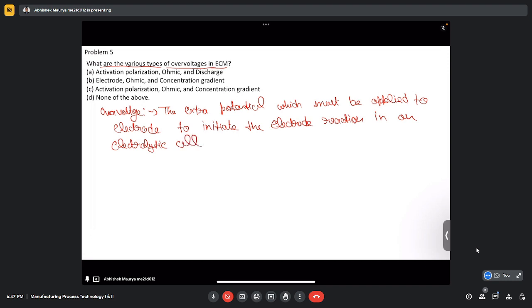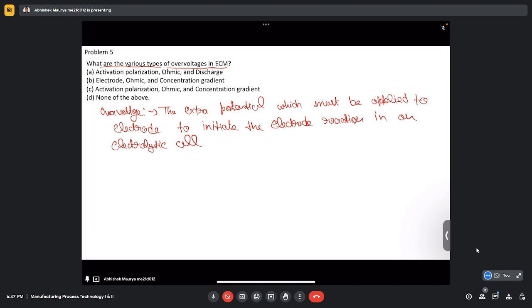So in electrochemical machining, we are trying to remove the material by electrochemical reactions. For that, we are providing some voltage by some external source like a battery.